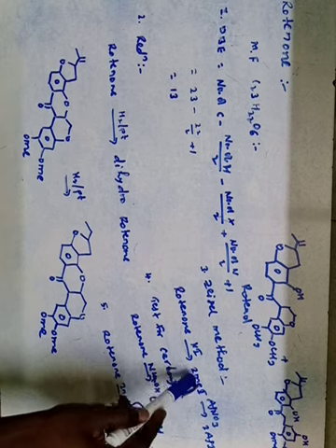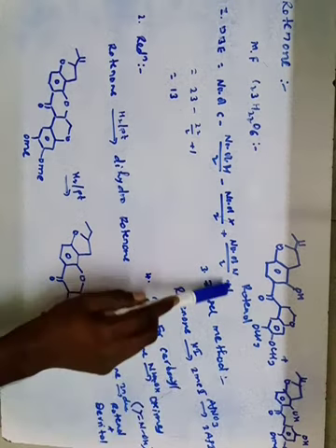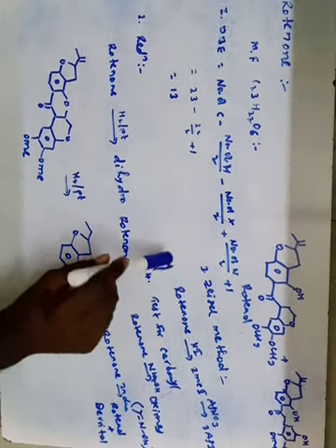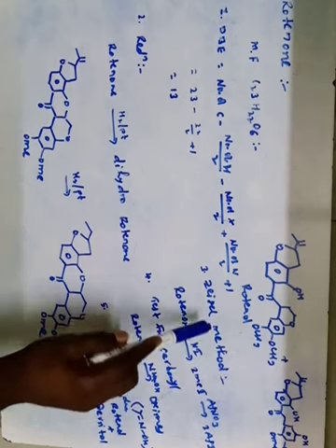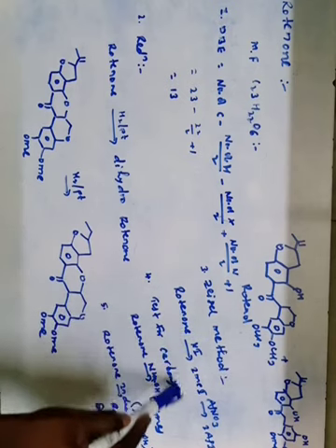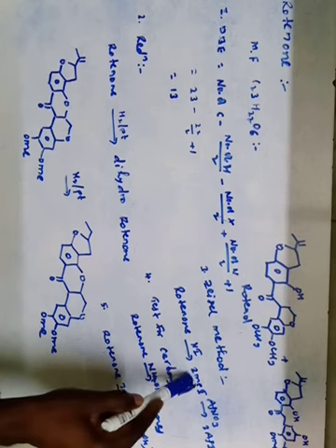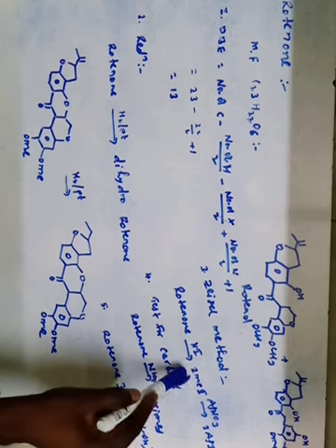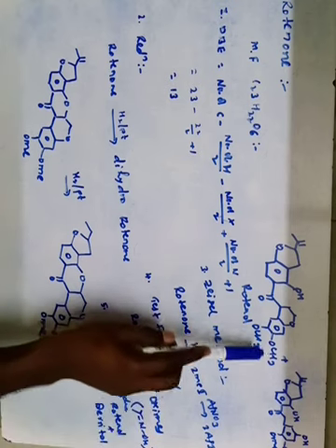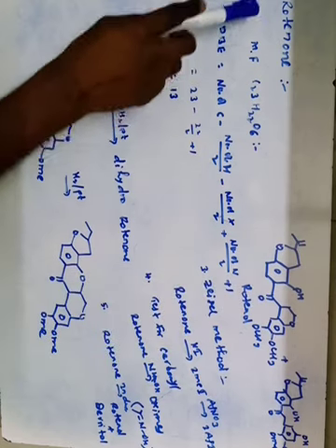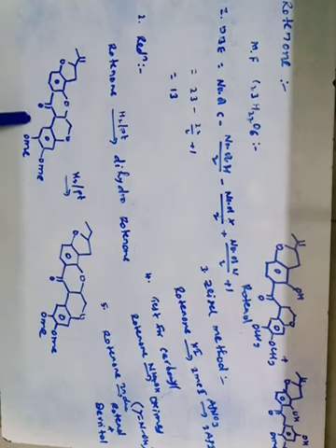How many moles of methyl iodide are formed? 2 moles, which indicates that there are 2 methoxy groups present in the rotenone structure. This is the rotenone structure, and it has 2 methoxy groups.